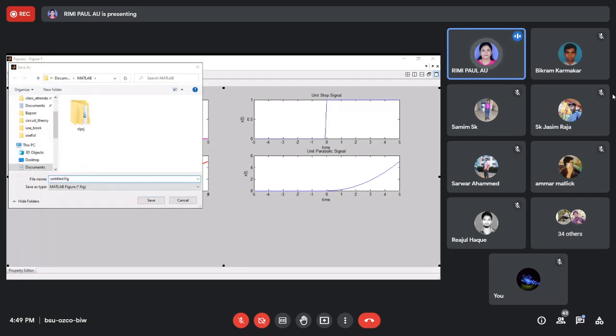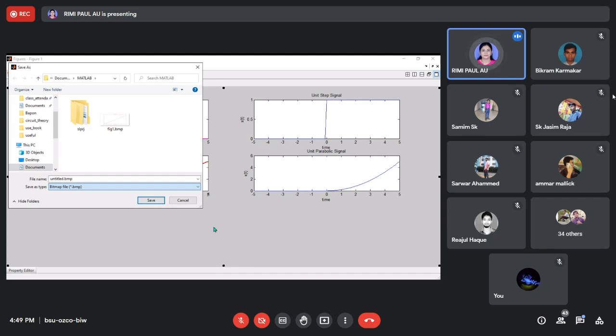You can see dot figure file, right? Yes, so here you can use dot bmp or dot jpeg file, png file, whatever file, instead of dot figure file. If you save it as jpeg, png, tif or bmp file, using your own choice of file name, you can take a printout of this plot.